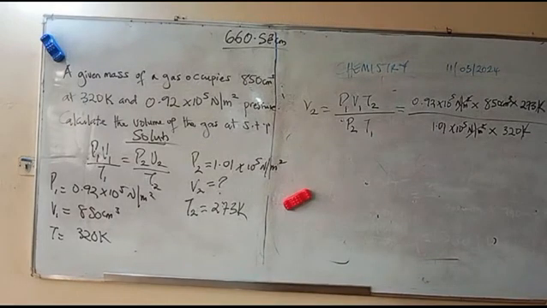Okay, Jonas, they say that the answer is 659 cm3. So someone got 659 cm squared. That should be cm3, not cm squared. 659 cm3. So what's the answer?